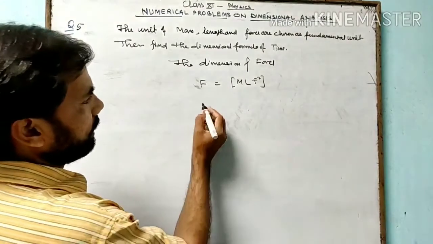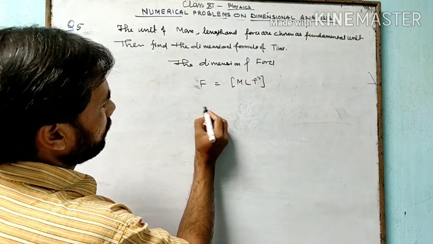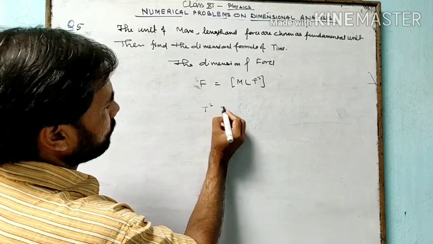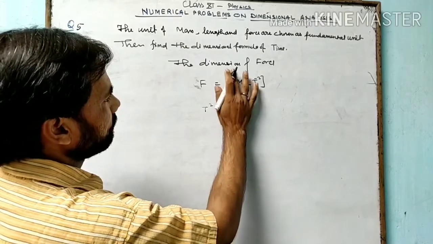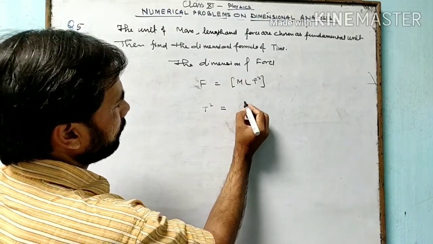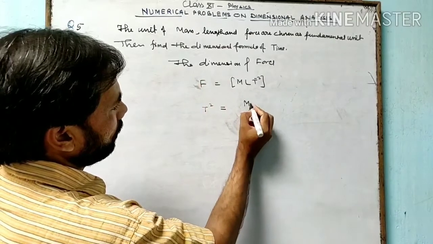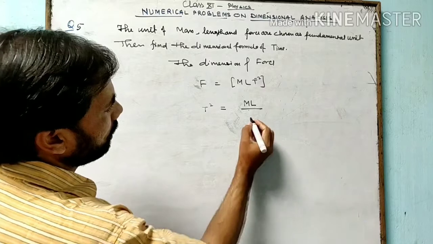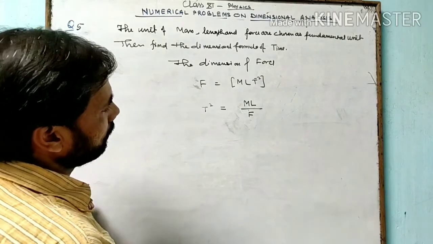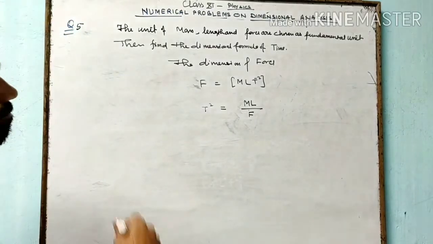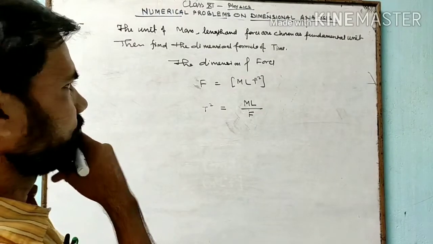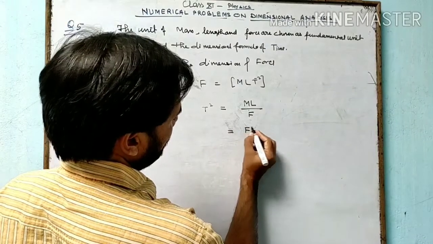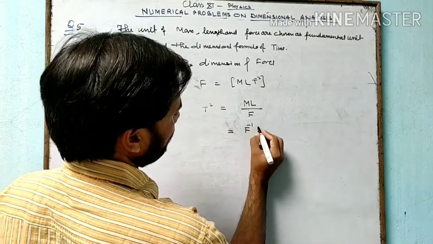So we can write t square is equal to ml upon f, that means f minus 1 ml.